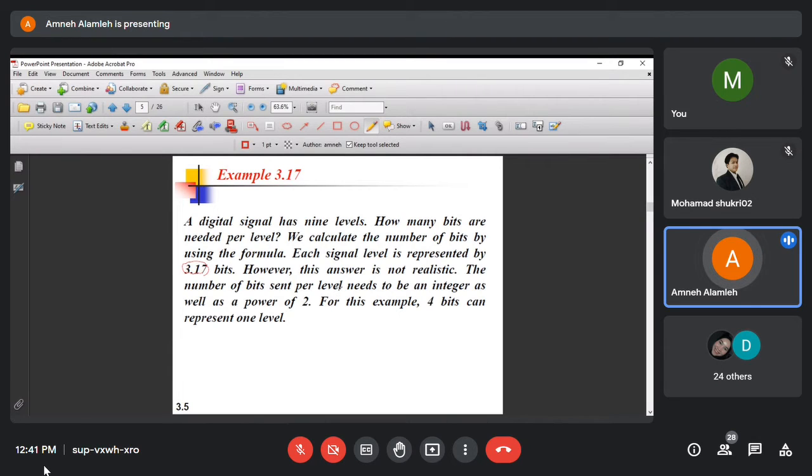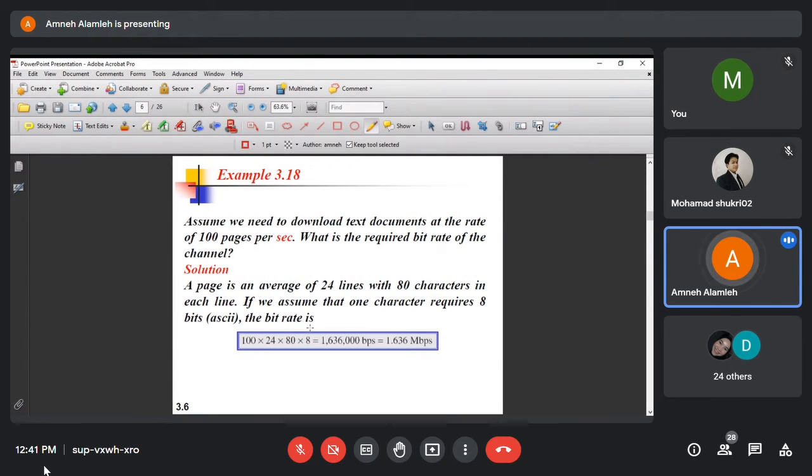The number of bits cannot be 3.17 like this. As well, the number of levels should be a power of 2. So for this example, 4 bits represent 1 level, not 3.17, okay?